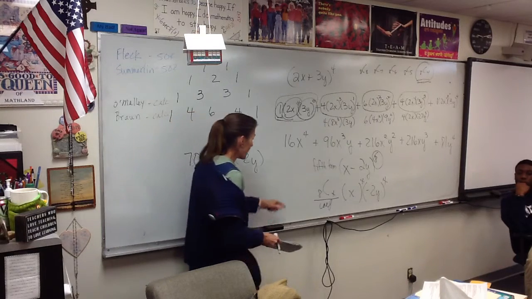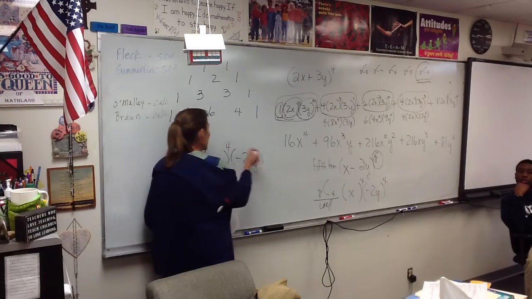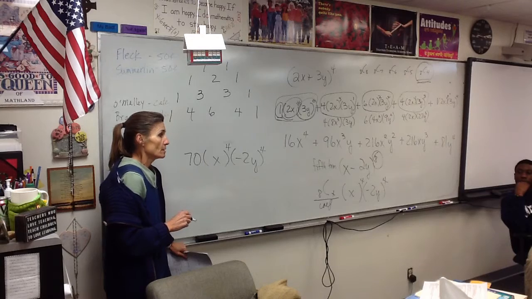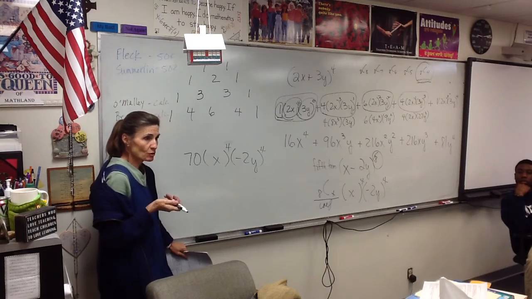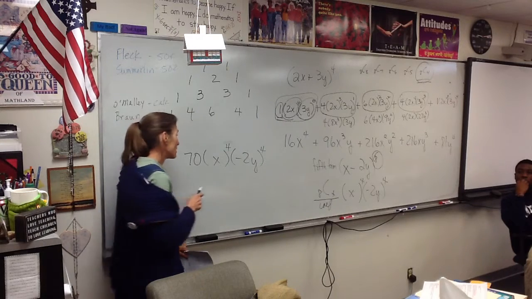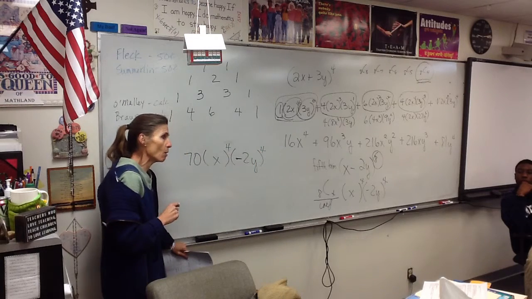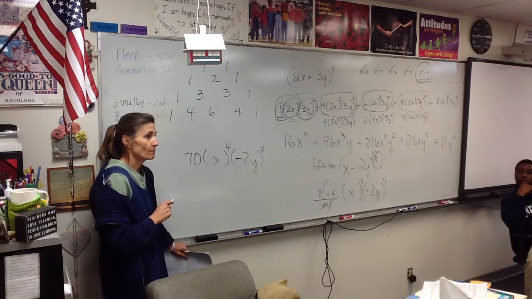So we figured out our coefficient was 70, and now we know our exponents are both 4. So we're going to simplify this. Is this answer going to be positive or negative? Positive. Because when you take a negative to an even power, it becomes positive, right?